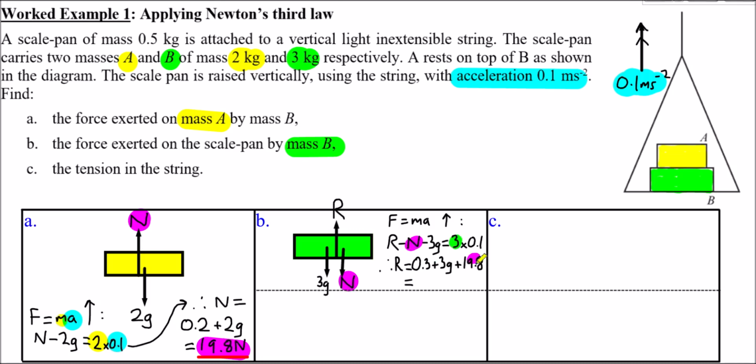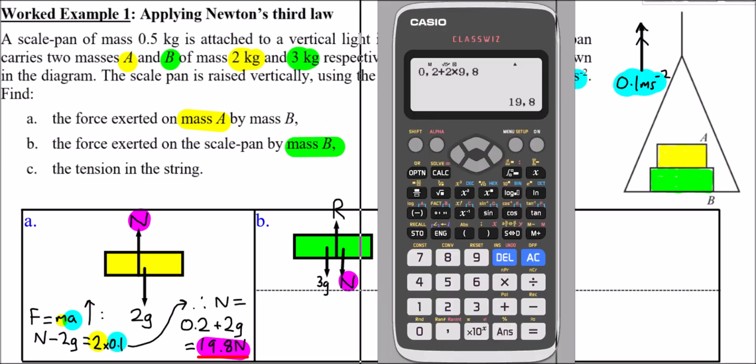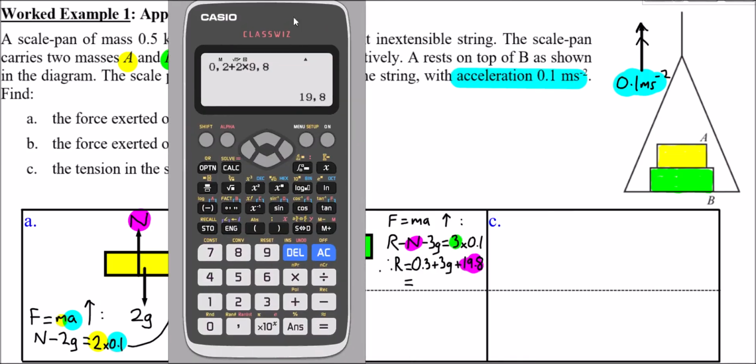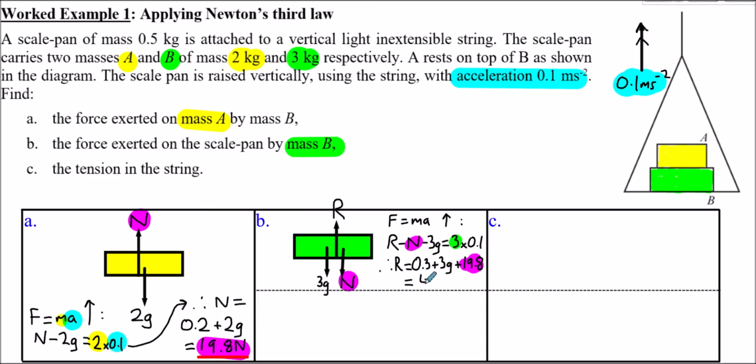So if we just do this now, we get 0.3 plus 3 times 9.8 plus 19.8. And that gives us 49.5 newtons. So that's one way we could do it, and I think that's probably the most obvious and straightforward way, but it's not the only way.